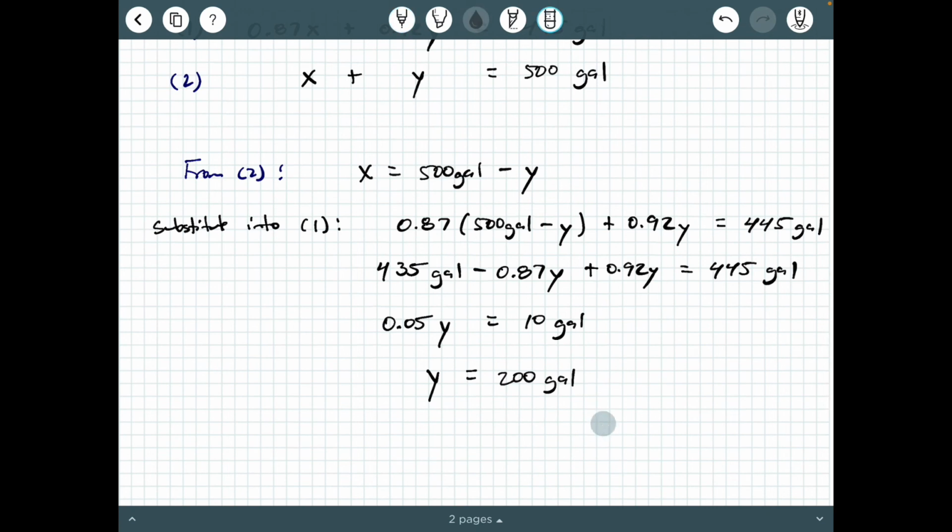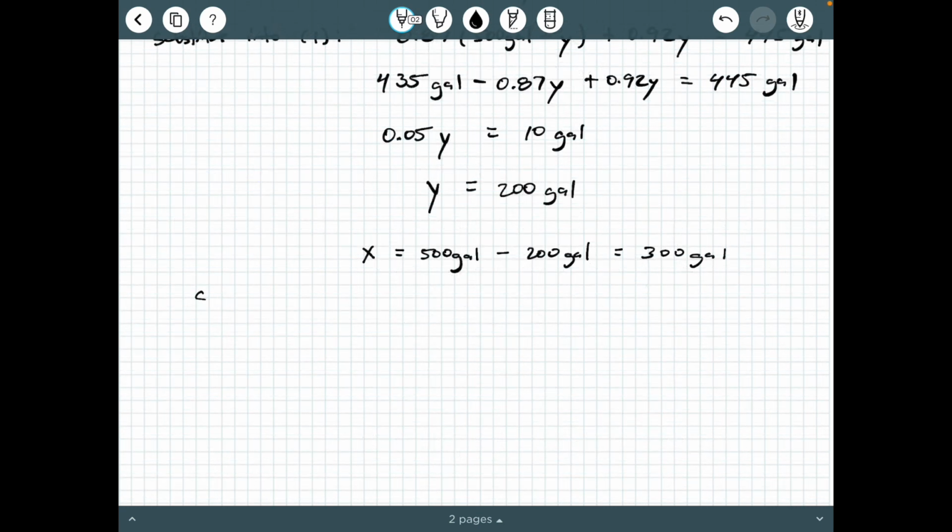And now we need to get the quantity X, which is the volume of the other type of gasoline. And so we can then return back to either equation, but maybe here we go. This is a convenient form. Use this version of equation 2. So we'll say X equals 500 gallons minus 200 gallons equals 300 gallons.